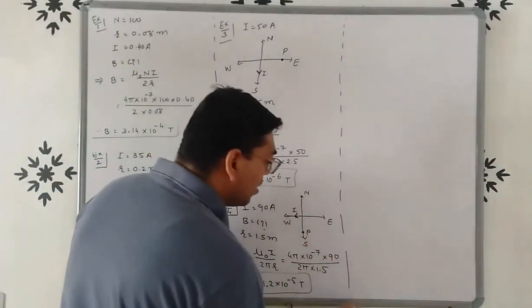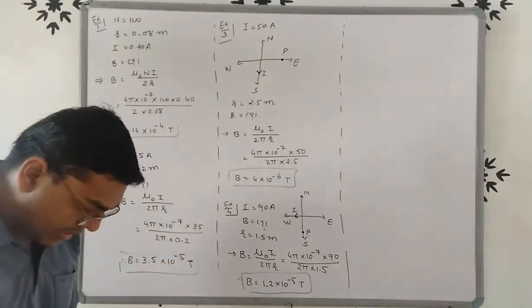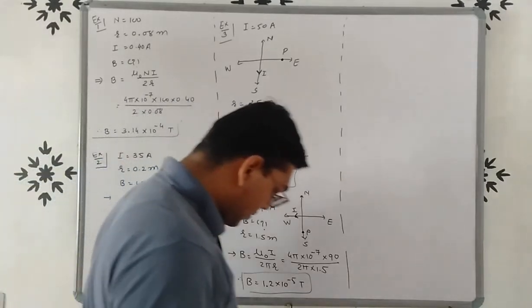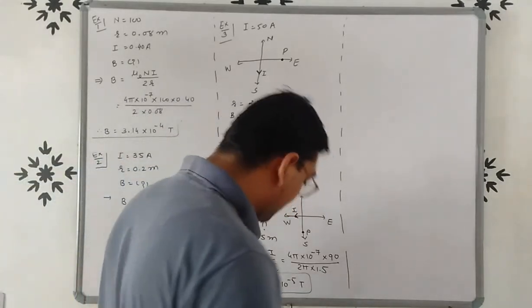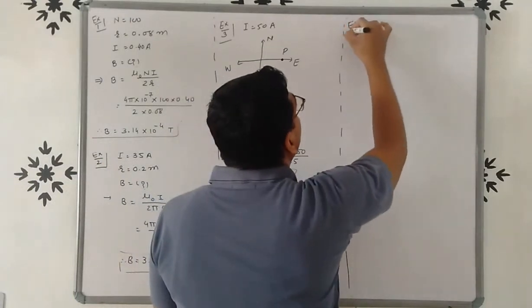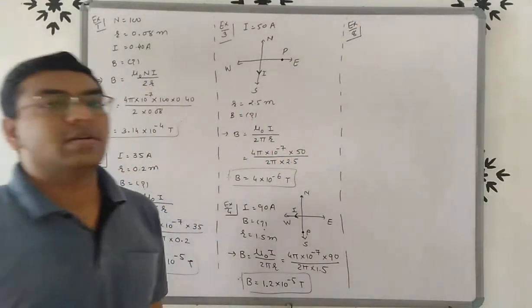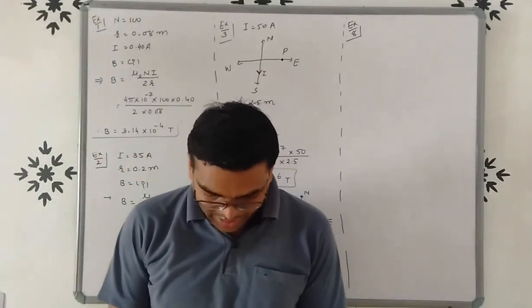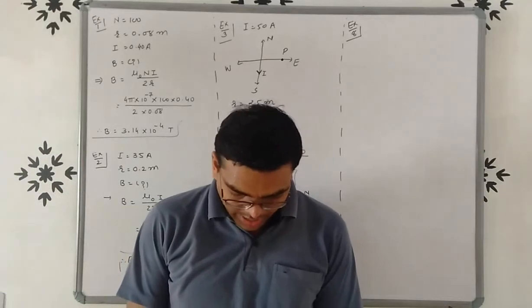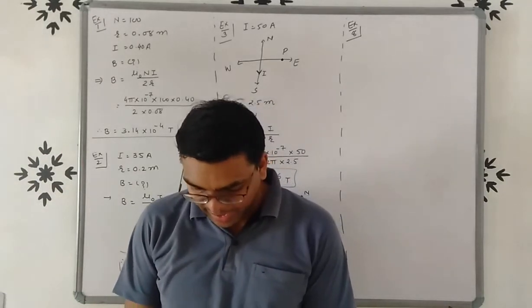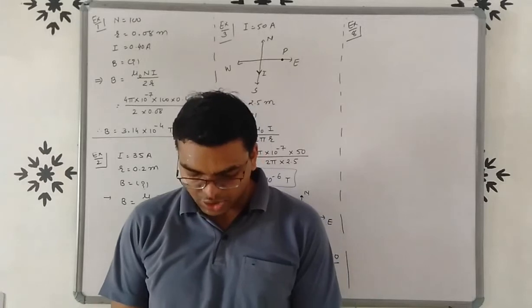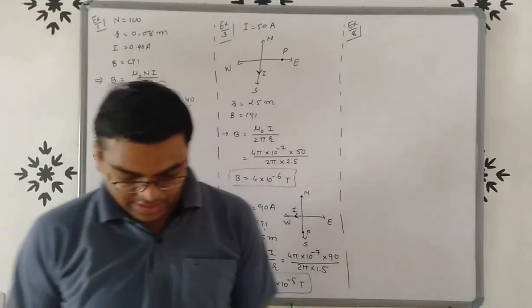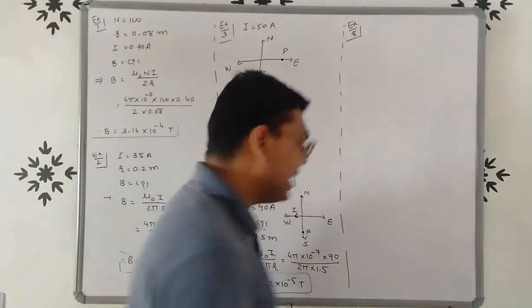Now we move forward to our next example, that is illustration example number 8. See, a closely wound solenoid 80 cm long has 5 layers of winding of 400 turns each. So here the length of solenoid is given, that is 80 cm.